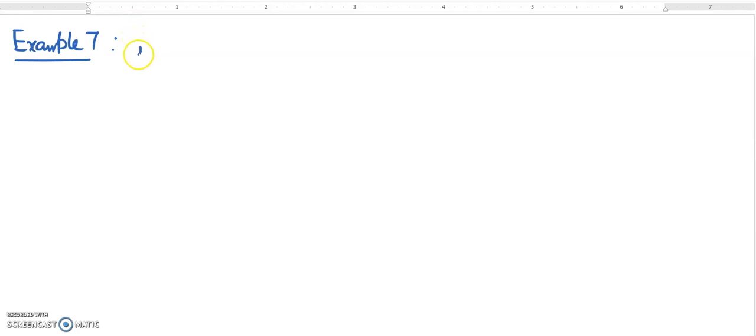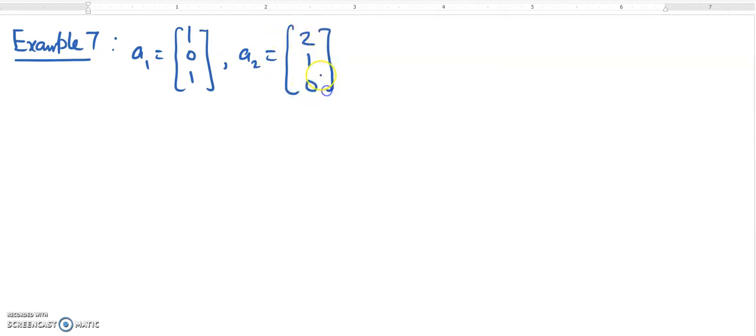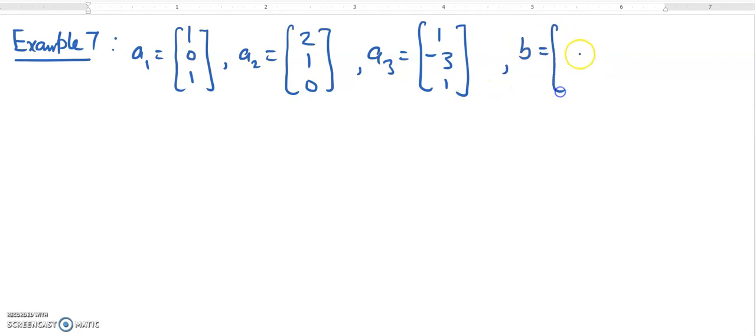If we have vector a1 as (1, 0, 1), vector a2 as (2, 1, 0), vector a3 as (1, -3, 1), and then vector b as (9, 7, 1). Then the same question: can we represent b as a linear combination of a1, a2 and a3?